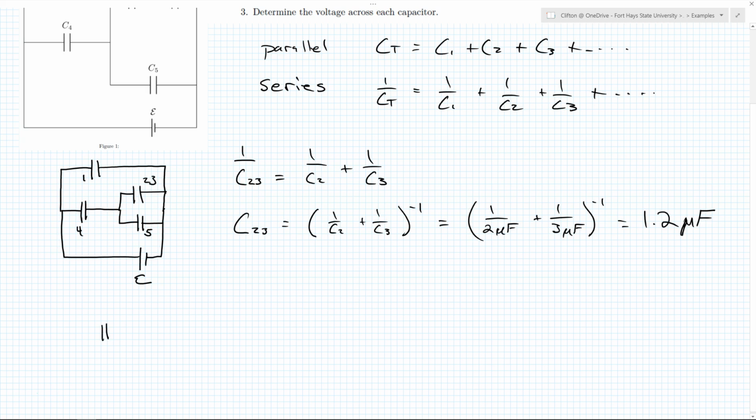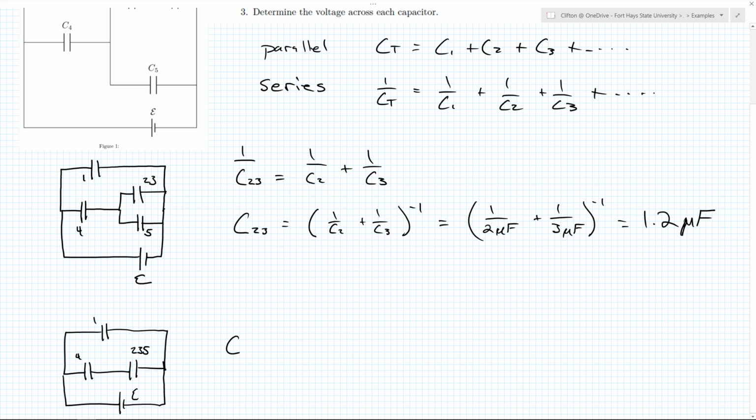So I'm going to redraw a circuit that contains those two capacitors replaced by a single effective capacitor. Here's capacitor 1, capacitor 4, capacitor that represents 2, 3, and 5, and my EMF. So this will be 2, 3, and 5 now. This is 1, this is 4.